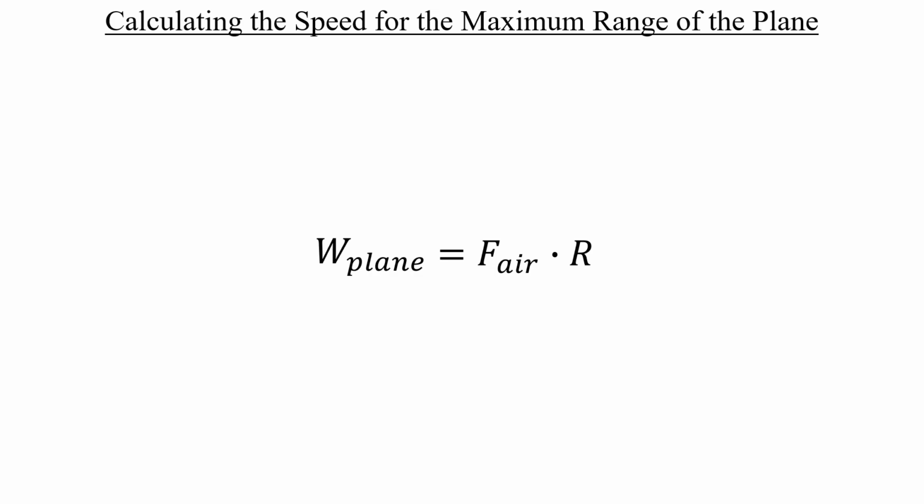So again, this represents the maximum amount of work it can do before all the fuel is used up, and that is a constant number. If we want to maximize the range, but the left-hand side has to remain constant, the only way that we can do that is by minimizing the force of the air resistance on the right.